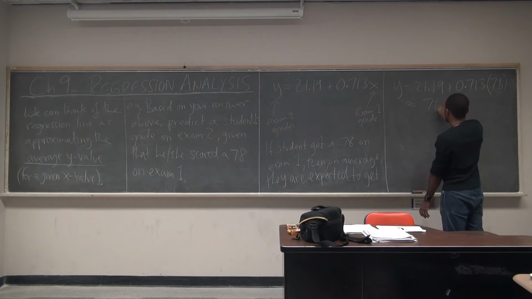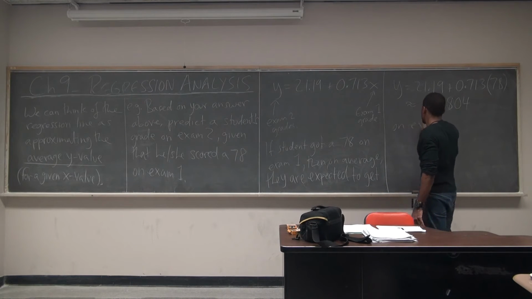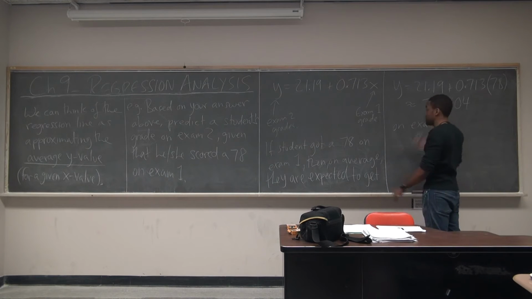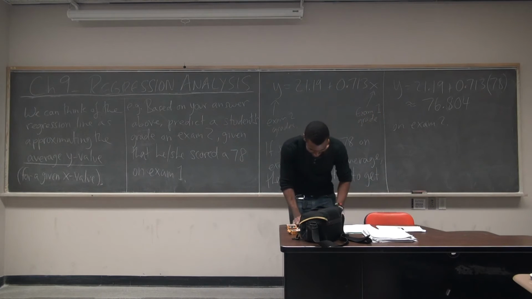I used my iPhone calculator. See that fast? So on exam 2, if they lost the exam, no problem. Just give them a 77. They got a C.